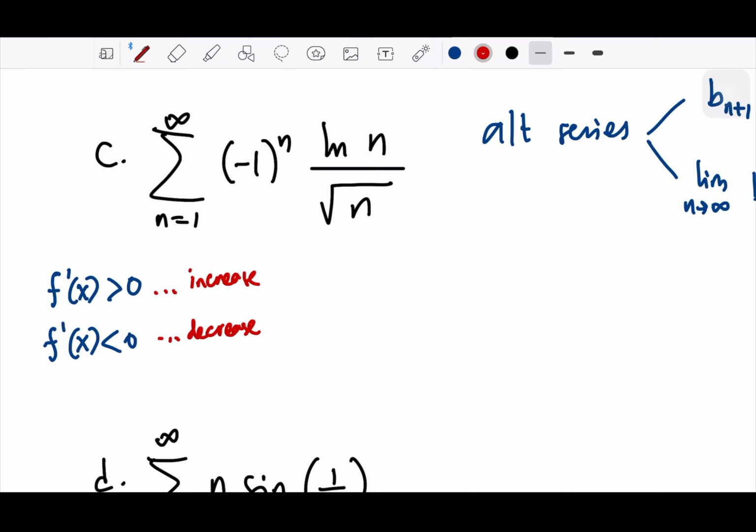So we find the first derivative through the quotient rule, right?